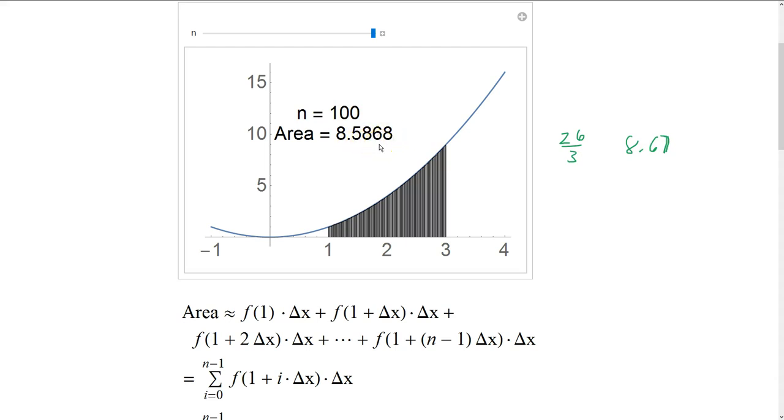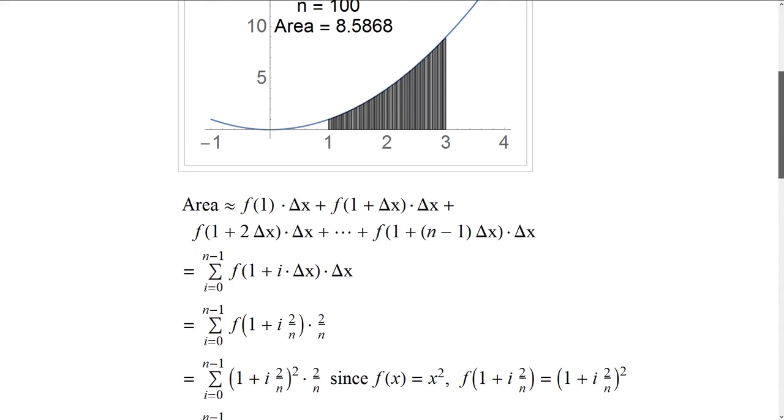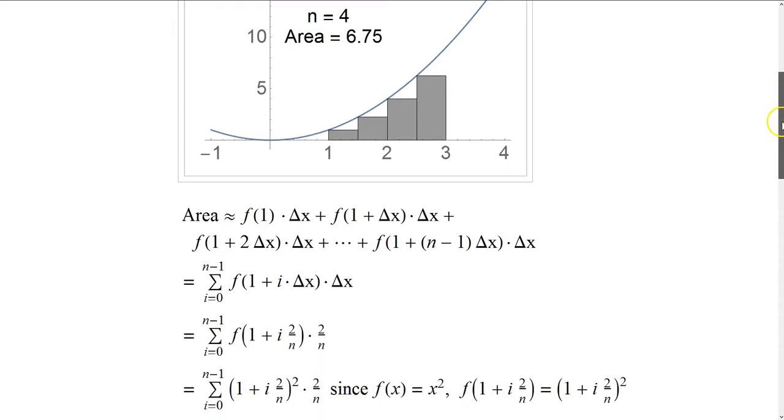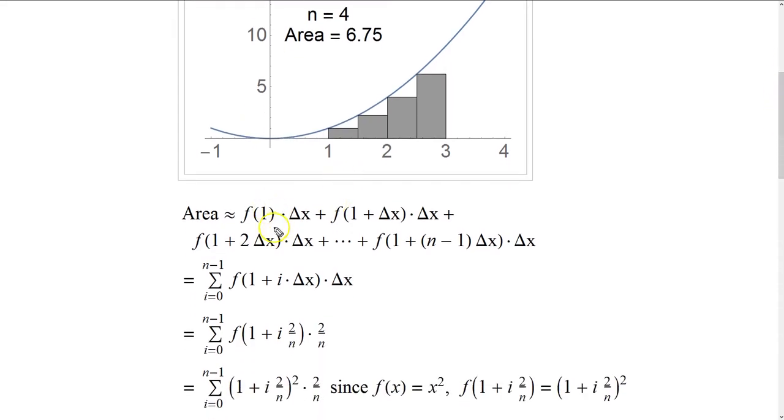Now let's do this analytically and see that in the limit as n goes to infinity, we will still get 8.67. So now, if we look at our formula for the area of those rectangles, this quantity right here represents the area of our first rectangle.